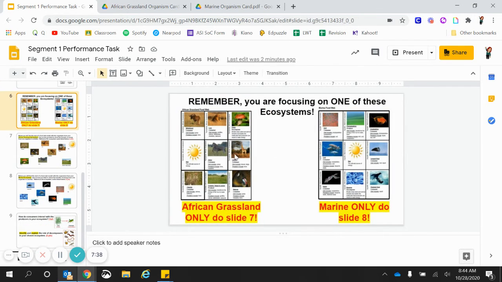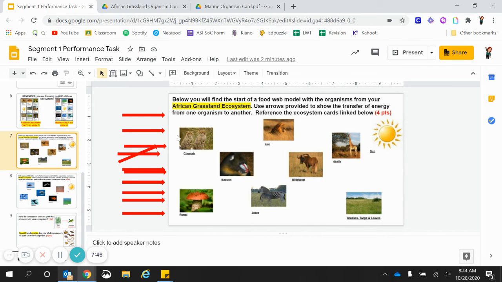Now, slide 6 was, remember, choosing one or the other. Some of you did lose points because you did both of the slides, and you should not have. Let's do the African grassland really quick. I'm just going to show you what I was looking for. It was only worth 4 points. First thing I looked for was an arrow from the sun to whatever the producer was. So if you didn't have an arrow from the sun to the grass, twigs, and leaves, you lost a point.